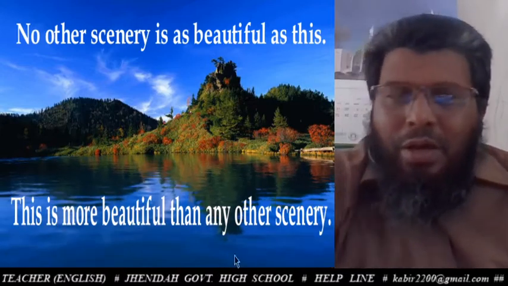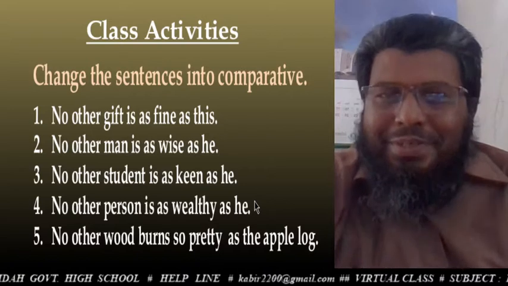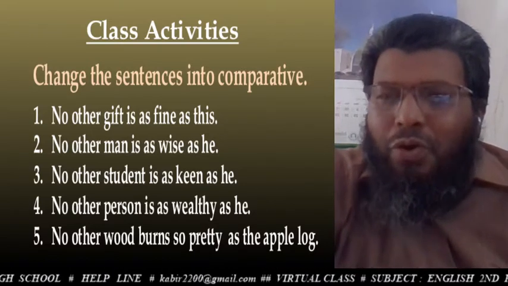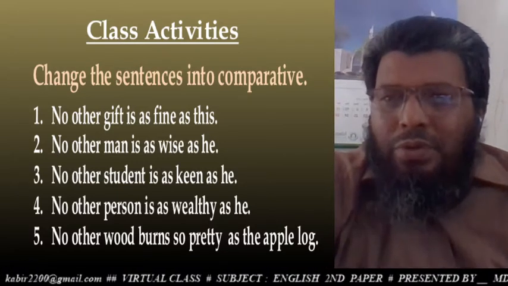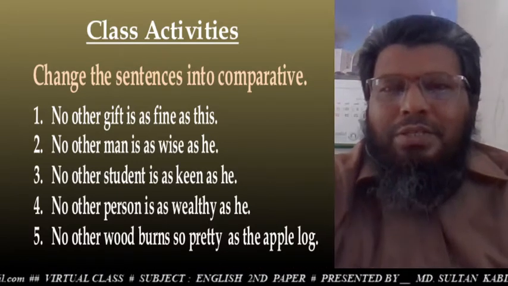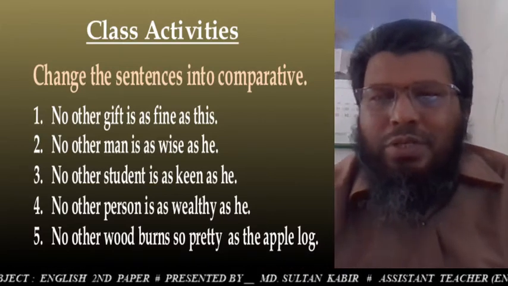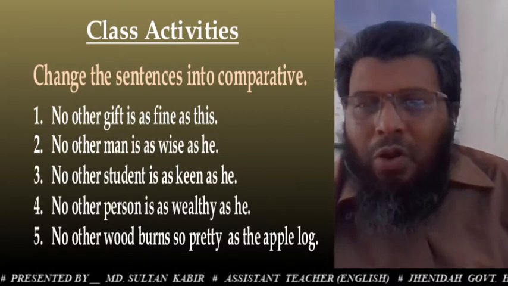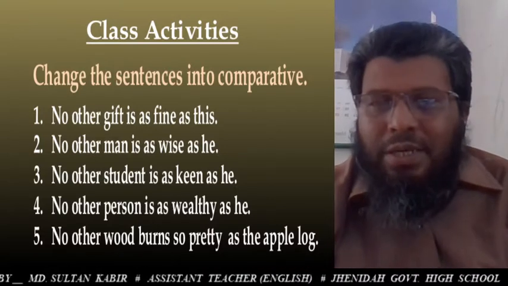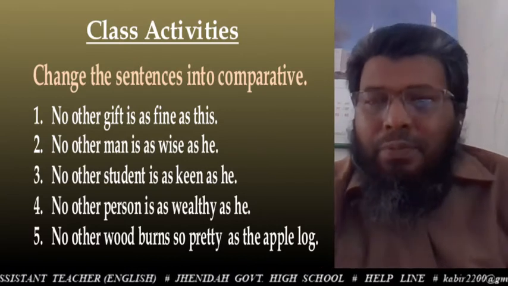Fine. Okay, dear learners, now your class activity. So copy all the sentences on your exercise book and do as directed. Change the sentences into comparative. The first one is no other gift is as fine as this. Second one, no other man is as wise as he. Third one, no other student is as keen as he.